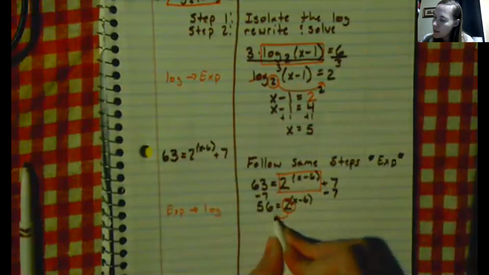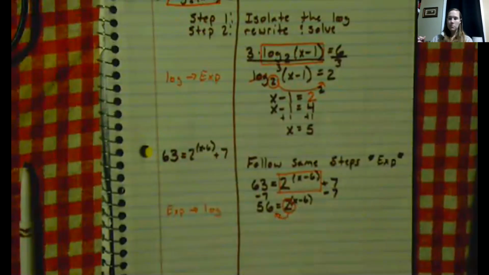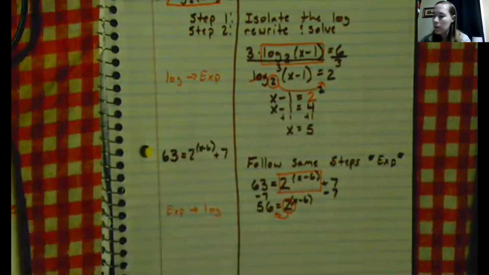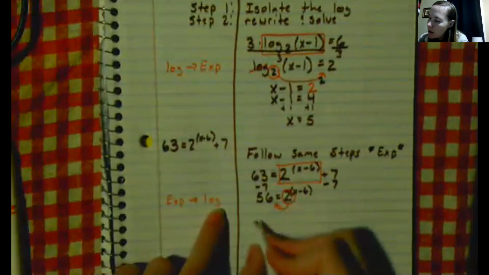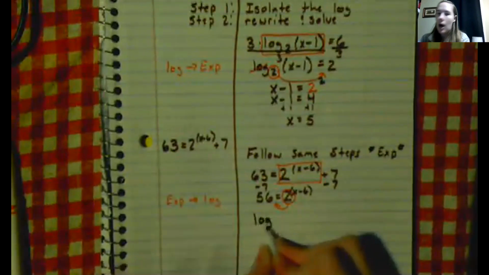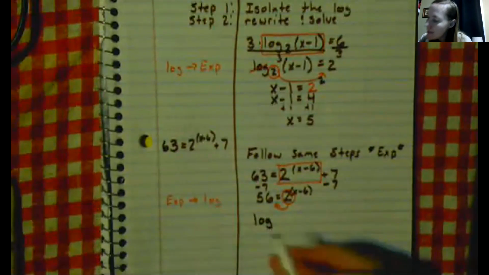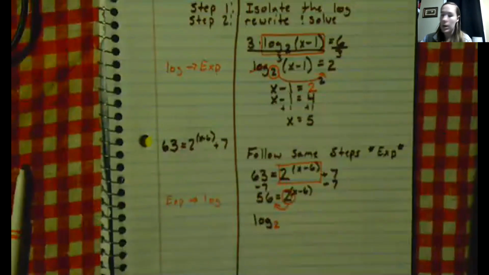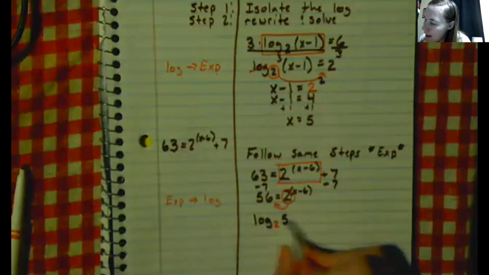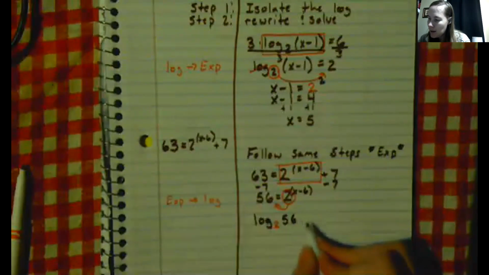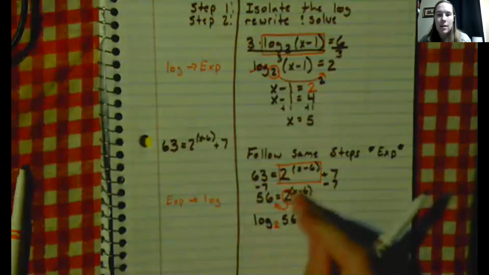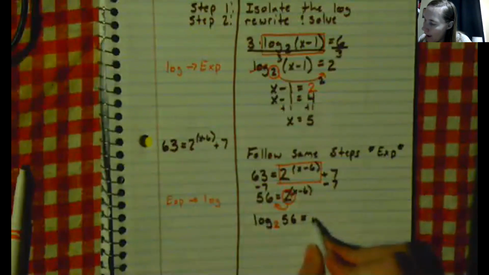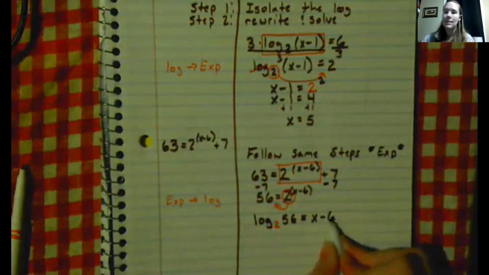And I want to move it to my other side. So I'm going to rewrite. I know there needs to be a log now because I'm rewriting as a log. My base stays my base, that bottom small number. And then 56 is what's on this side. And it equals, so what's left on this side after I move it? I have x minus 6.